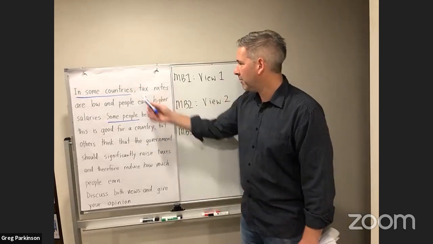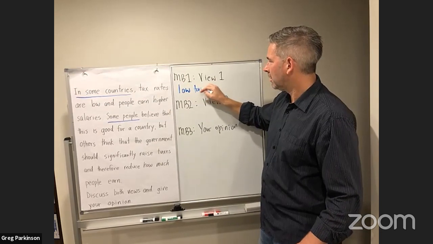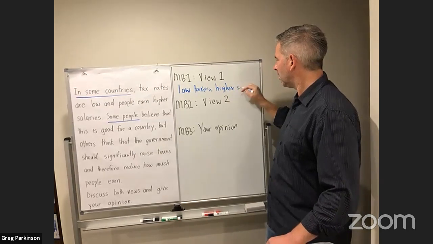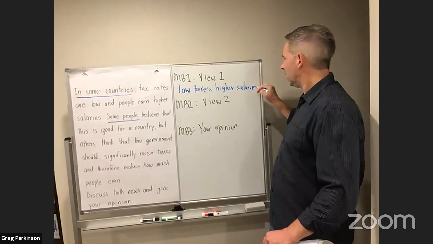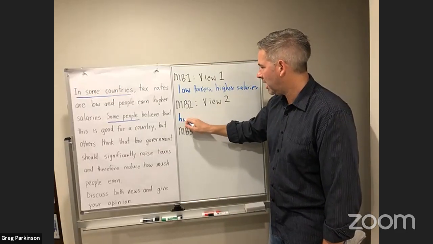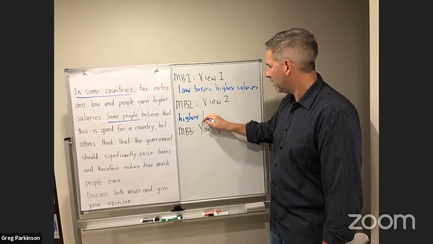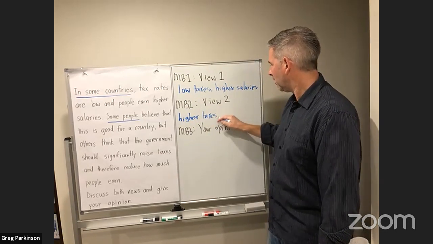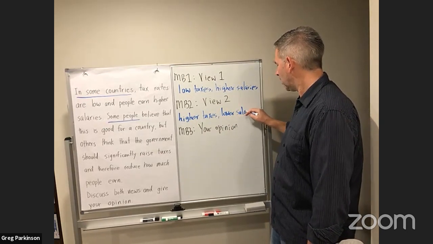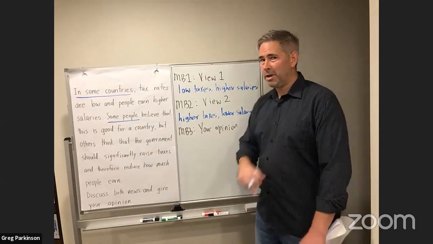View 1 is that, we'll just put low tax, low taxes, high salaries. View 2, higher taxes, so higher than these ones, lower salaries. Now, I'm going to talk about your opinion in a second.